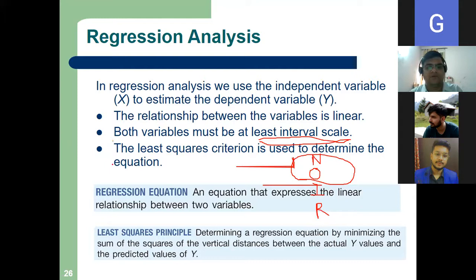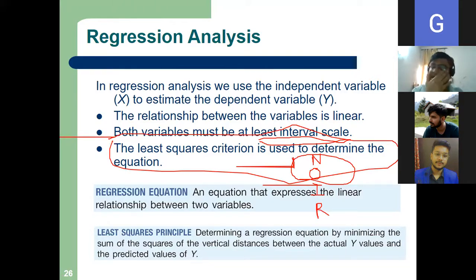If you don't understand it is fine, but I will explain a little bit. You must know what the least square criteria is. Anybody know? Students, what is the least square criteria? Least square principle, have you heard of this? No, sir. Okay, I will discuss this.